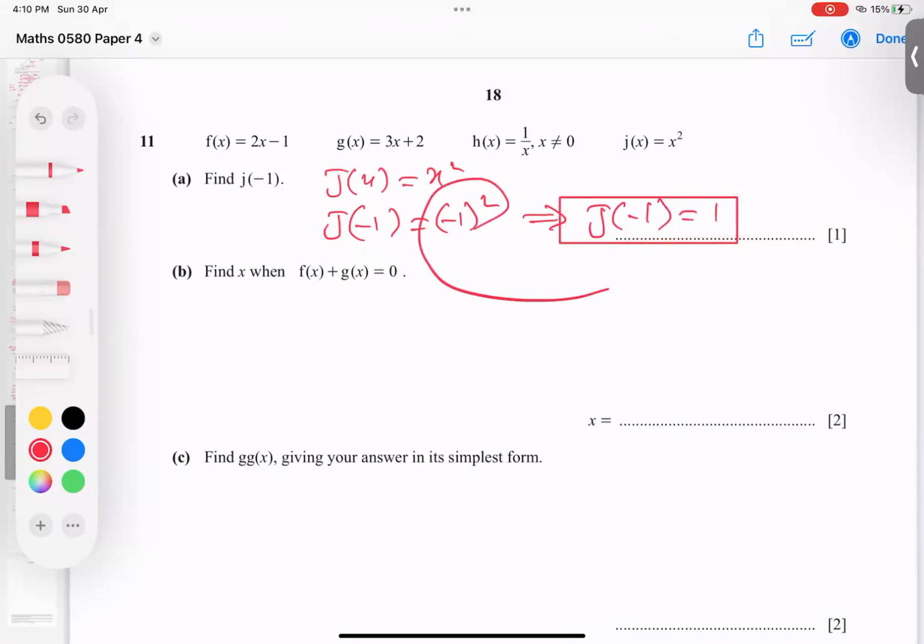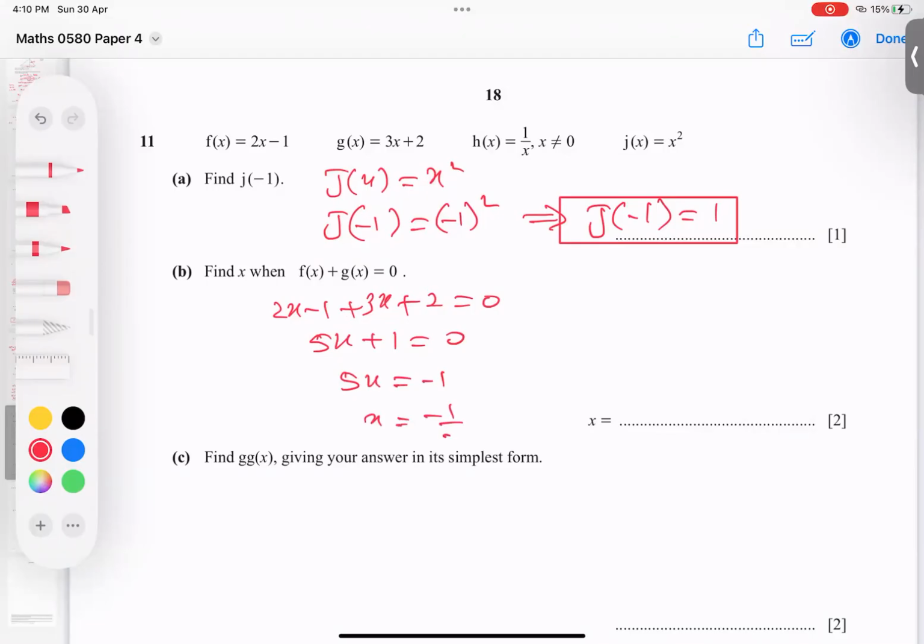Okay, now the other one: f of x is this, so copy its value here. g of x is this, so copy its value here. And I'm getting 3x plus 2 equal to 0. 3 plus 2 gives you 5x, and 2 minus 1 gives you plus 1 equal to 0. 1 goes to the right hand side and 5 divides. So this is my final answer.